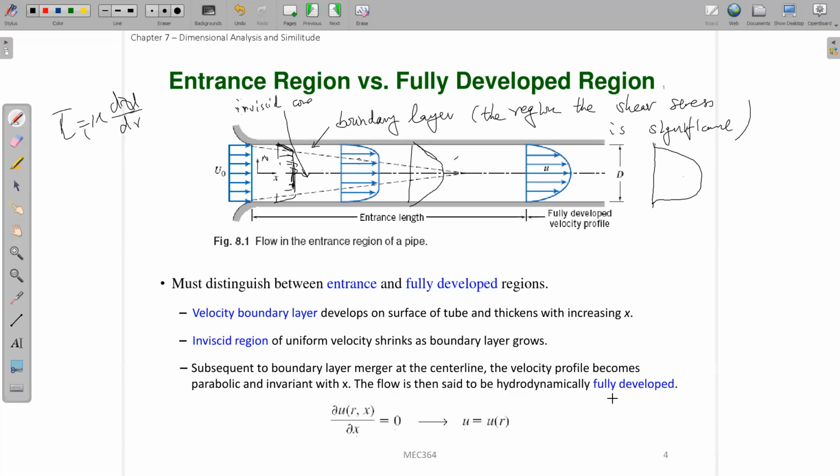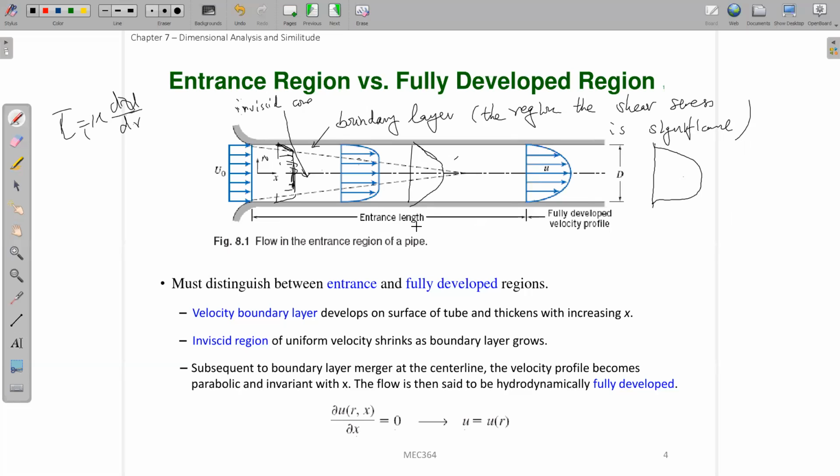Okay, so this is the second topic we want to talk about for the flow pattern inside of a pipe, and how we determine this entrance length. Usually we want to know how long this entrance length will be. If the entrance length is much smaller compared to the full pipe length, then maybe you can neglect the entrance region effects.